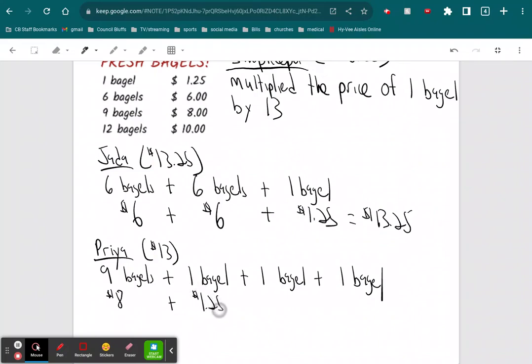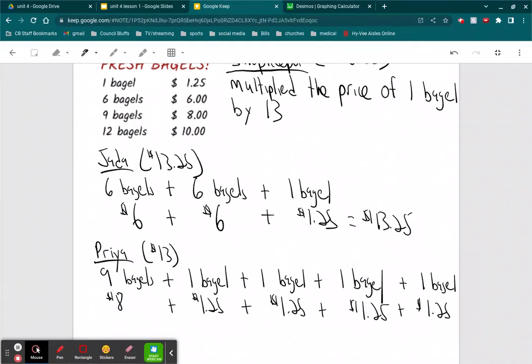$1.25 plus $1.25 plus $1.25. And actually, I missed one individual one because that only gives me 12 bagels total. So if I add one more individual bagel, that would be another $1.25.